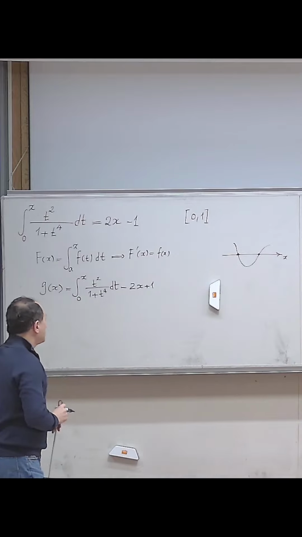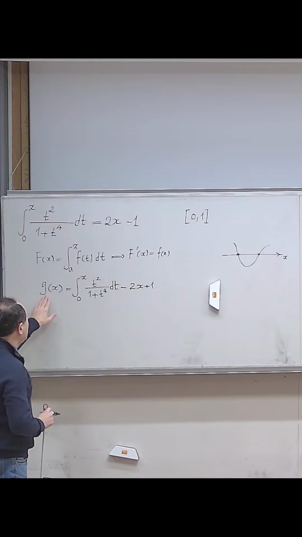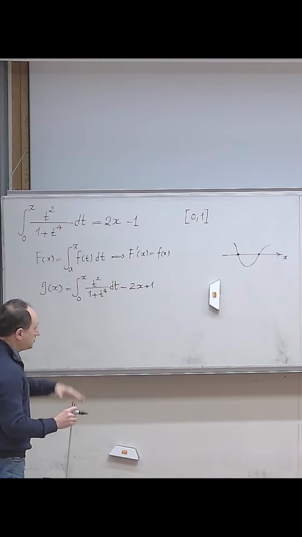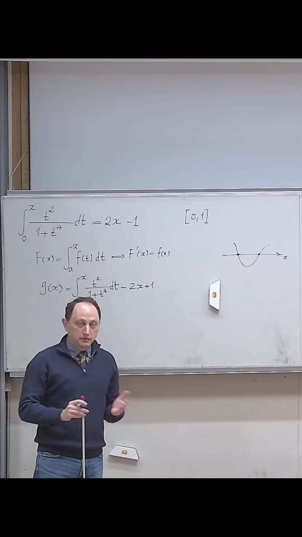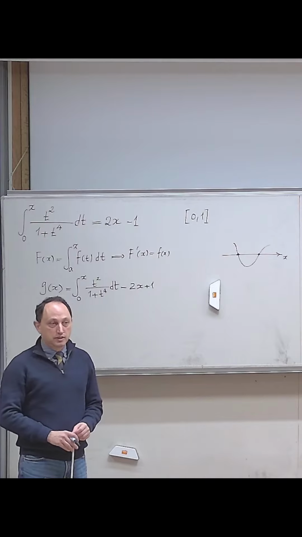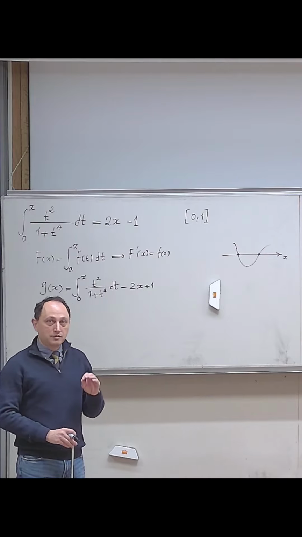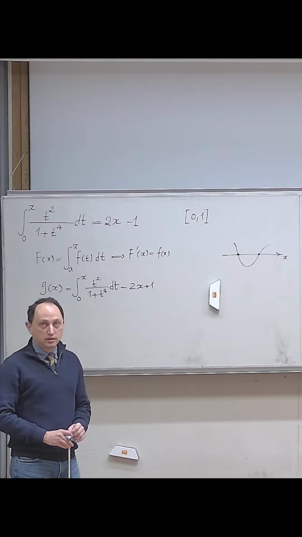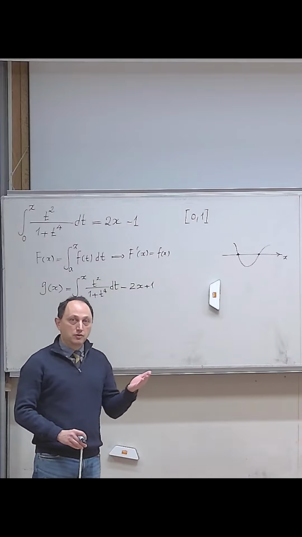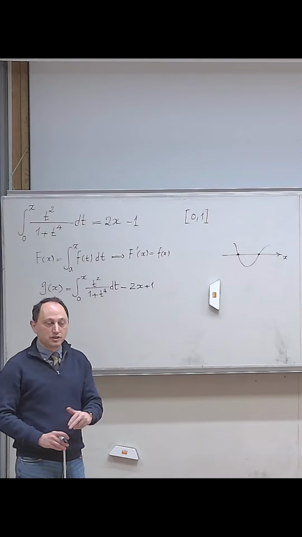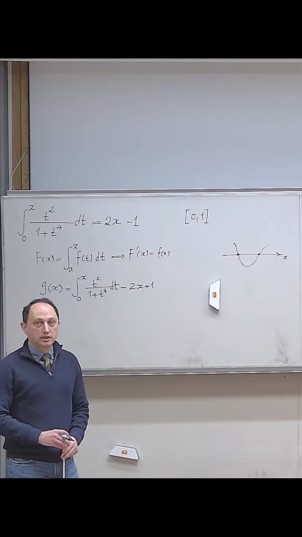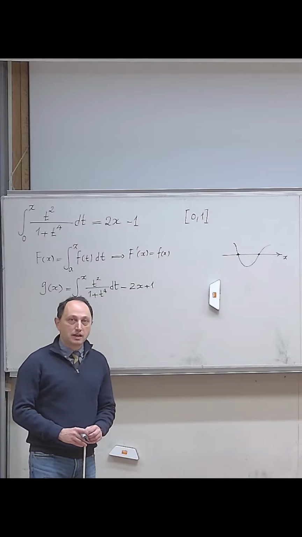Okay, so if I can show that this function is strictly decreasing or strictly increasing, then I am done, because then I know that my function can have at most one solution. On the other hand, we already showed that it has at least one solution. So combining these together, it means that my equation will have exactly one solution.